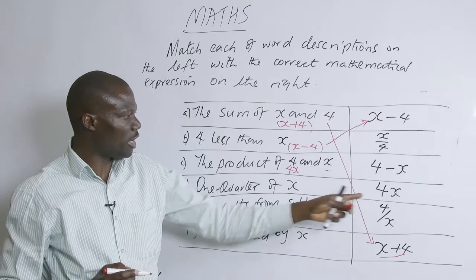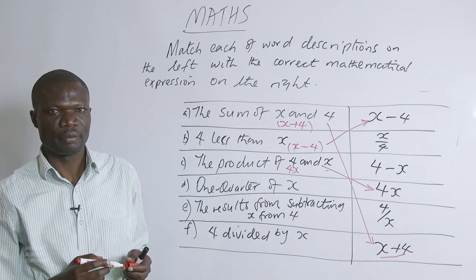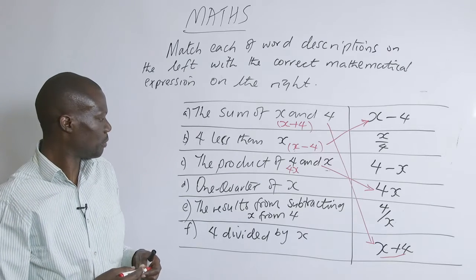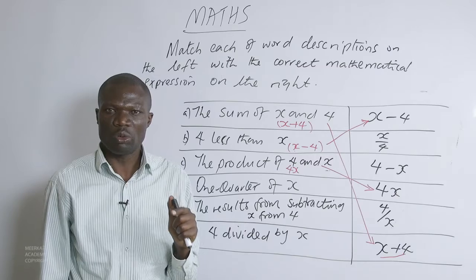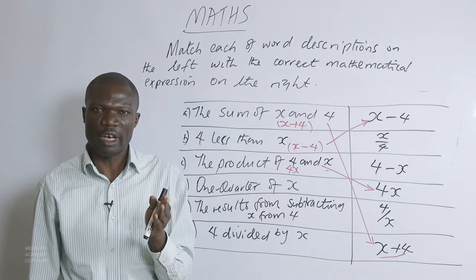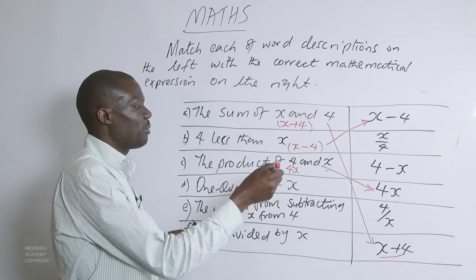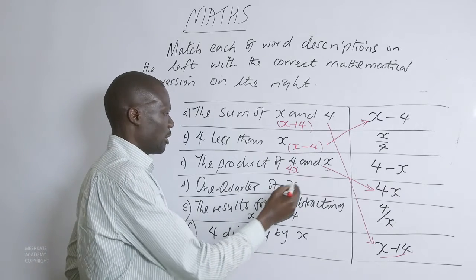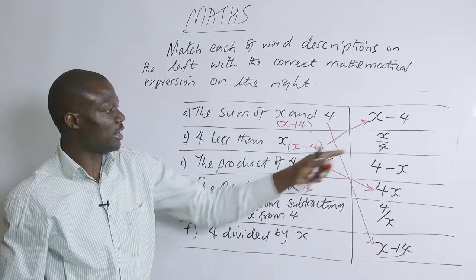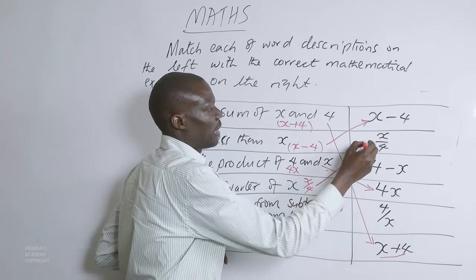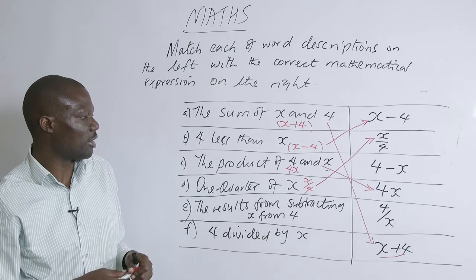And when you look at it, 4x is here, so this one matches that. 1/4 of x is the same as x over 4. So we are going to look for a term which is the same as x over 4. And x over 4 is here, so we shall match this one to the term that we have there, which is x over 4.